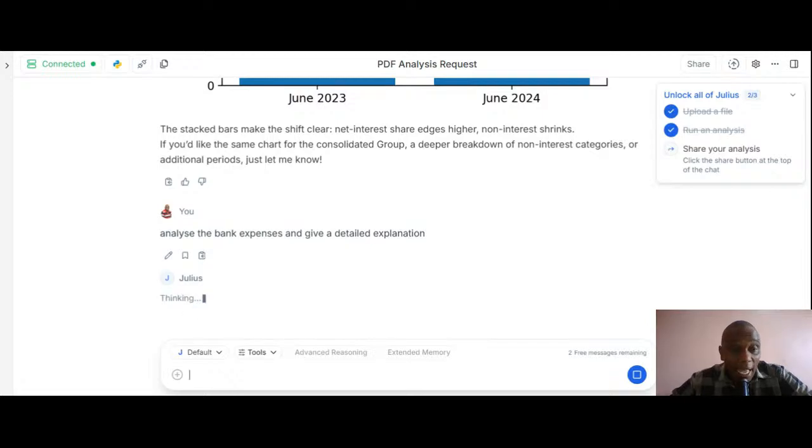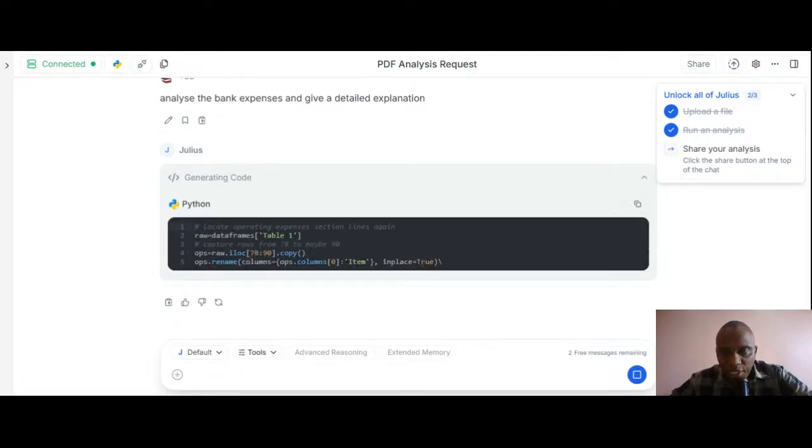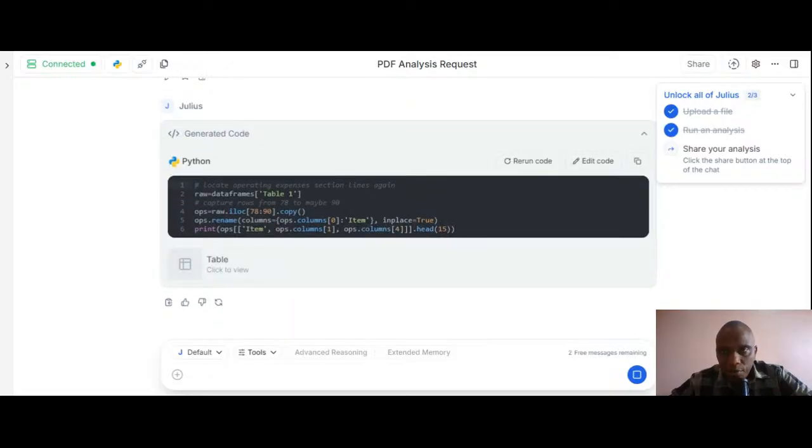So you can see AI can actually help you a lot, especially when it comes to what we call analyzing data. They can be a very, very good tool for data analysis.